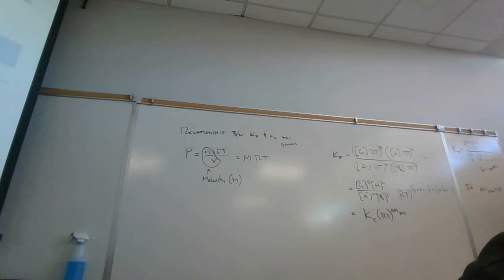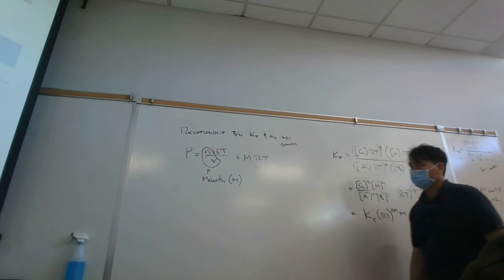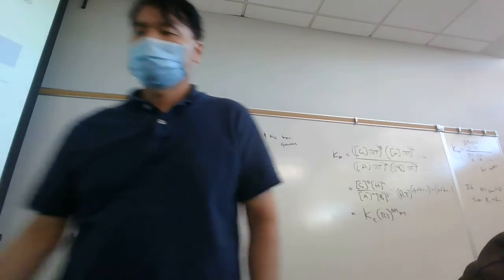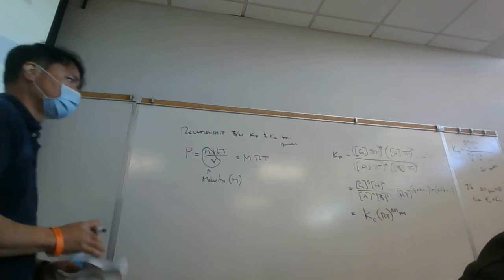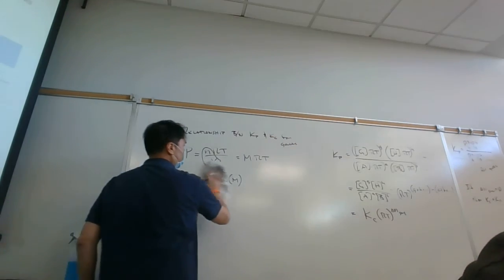That is, there's no change in the number of moles of gas going from reactant to product, then Kc is numerically equal to Kp. On the other hand, if there is a change in the moles of gas, then numerically they're going to be different.